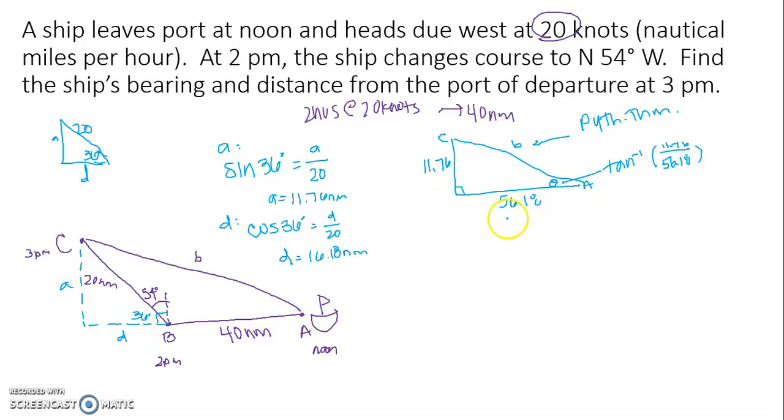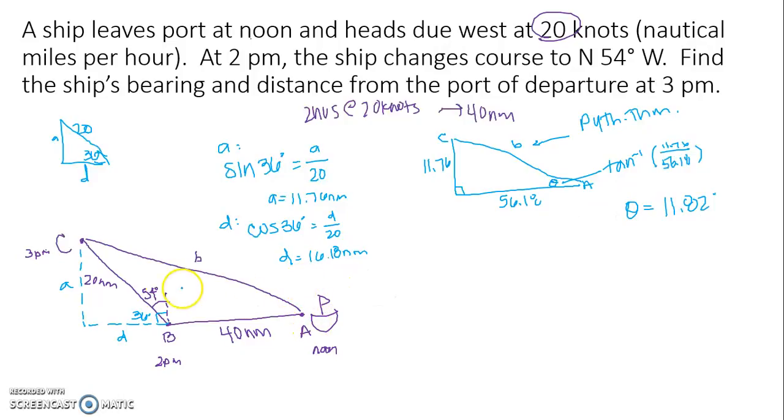And then I could use sine or cosine to find B, either one. It does not matter. I think you're all capable of doing Pythagorean theorem, so I'm actually going to show you the other way. Plus, I kind of need to know this angle anyways if I'm going to worry about my bearings. So when I do tangent inverse of that, I get that theta is 11.82 degrees.